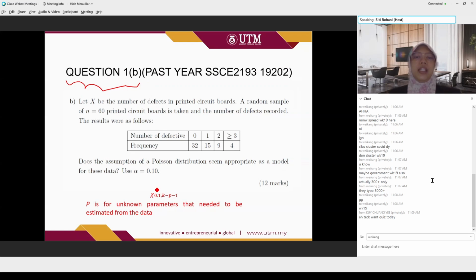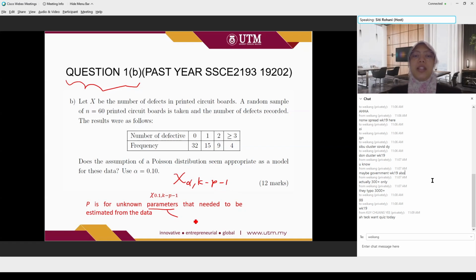Previously in the previous slide, I showed you that the formula for your chi-squared is chi-squared alpha, k minus p minus 1, right? However, in the previous example, the value of p is 0. So what is p? p is the number of unknown parameters.